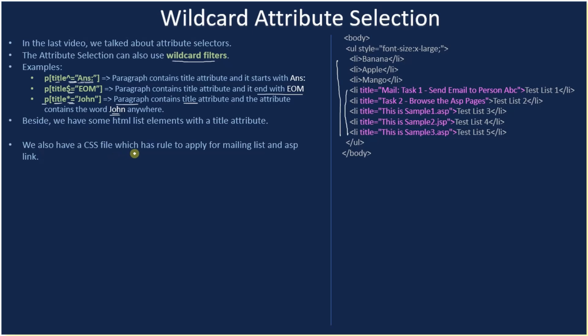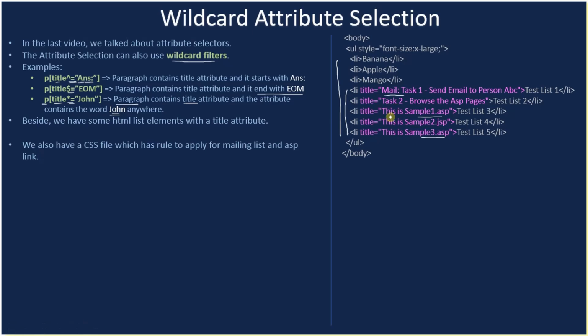We also have a CSS file which has rules to apply for mailing list and ASP link. Here this is the mailing list, only one we have, and the links that end with ASP. These two are the list items that end with ASP, and we treat this as the link.